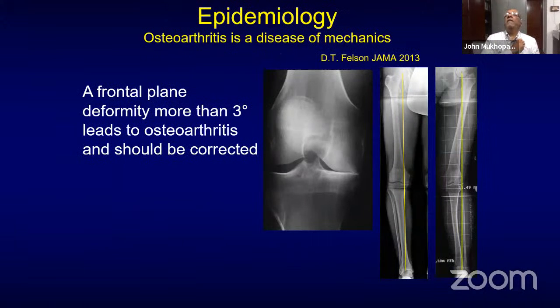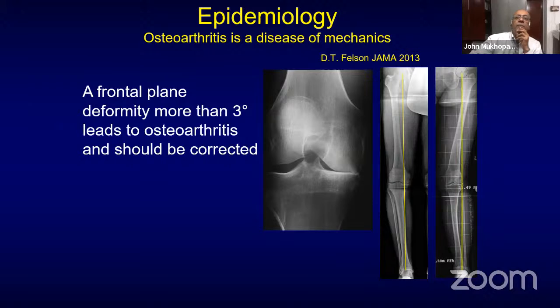Now, this study by Felson et al. in JAMA 2013 showed that a frontal plane deformity of more than 3 degrees led to osteoarthritis and should be corrected. So any deformity greater than 3 degrees would lead to progression of the osteoarthritis and may even lead to osteoarthritis.